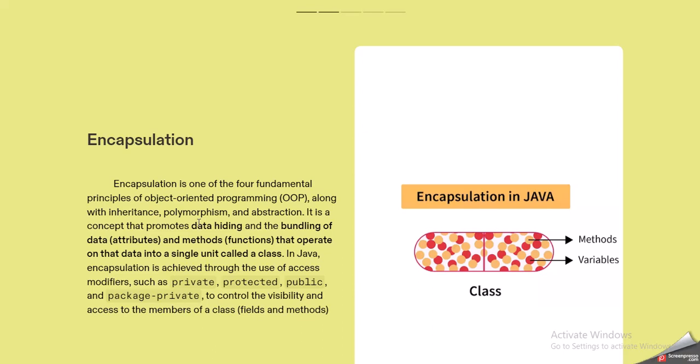It promotes data hiding and bundling of data and methods that operate on that data into a single unit. Suppose you want to make some data private or some data public, the way you want to arrange your data and make it visible, that is basically encapsulation. So we have private, protected, public, and this is a very common thing that you know.